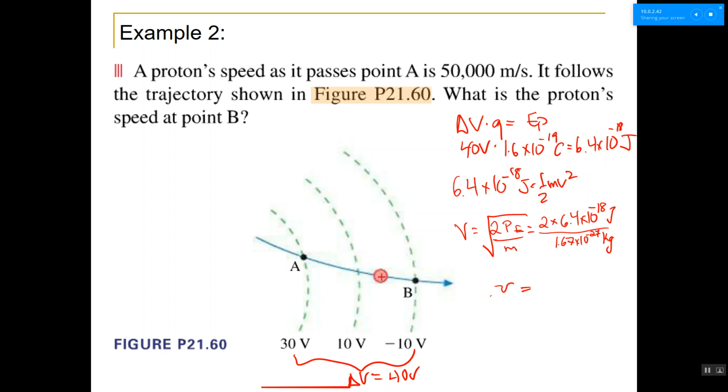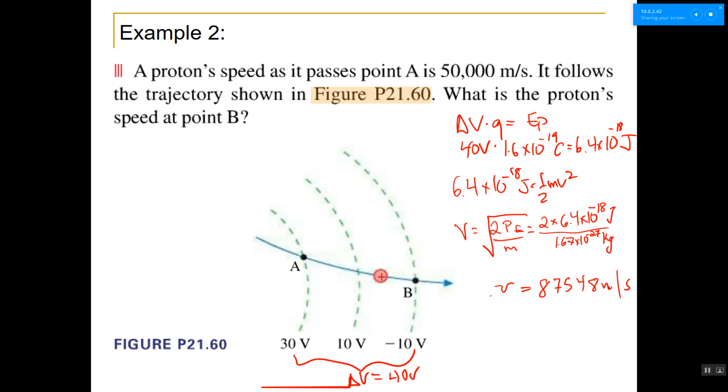Did somebody get a number for that? Elizabeth, yes, something? And the square root, everything has to be. 87,548 meters per second. Can someone confirm or reject that number? You got it? Okay, good.